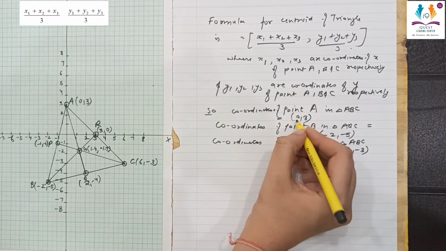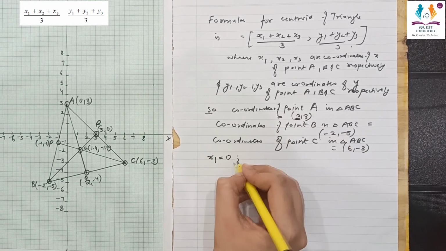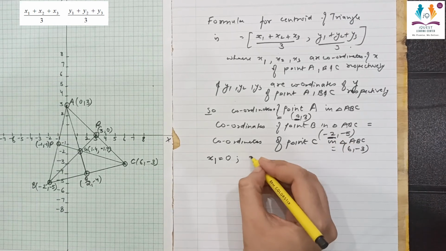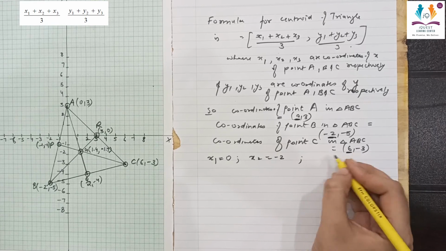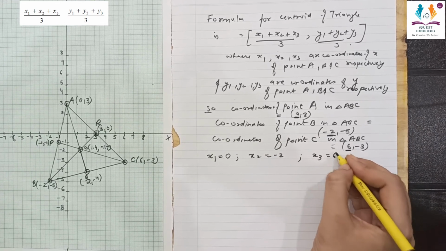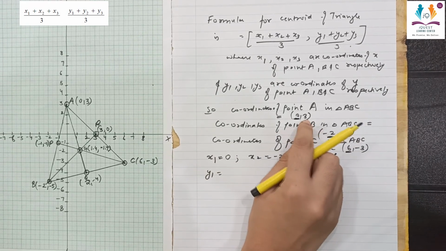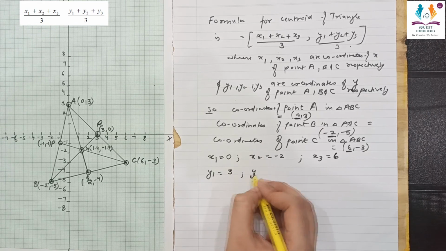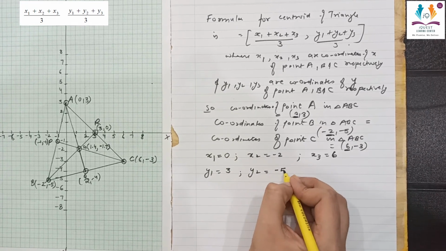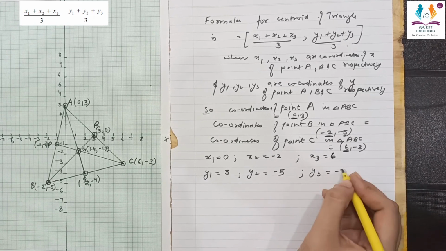So our x1 is 0, x2 is minus 2 and x3 is 6. Similarly, y1 is 3, y2 is minus 5 and y3 is minus 3.